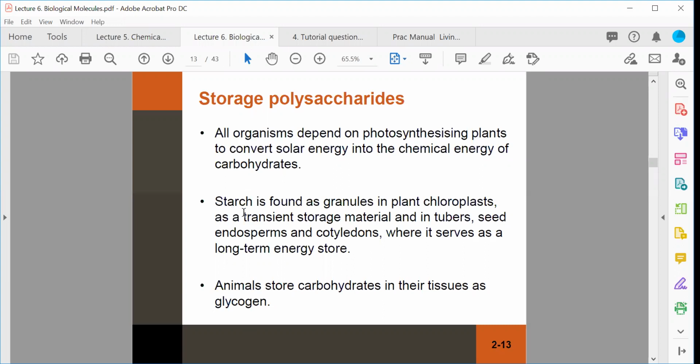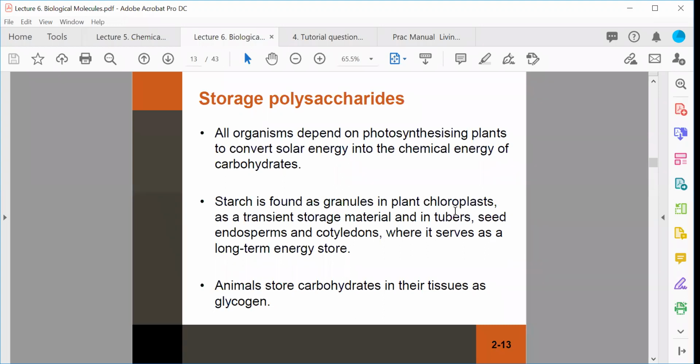So starch tends to be found as a storage polysaccharide, an energy storage polysaccharide, as granules in certain parts of plants. You don't have to remember all these different plant parts here, but if you're interested, they're found predominantly, but not exclusively, in plant chloroplasts.